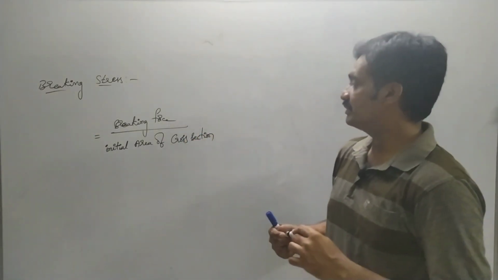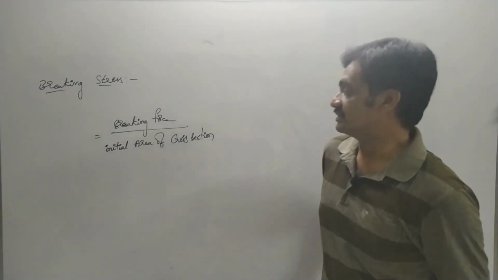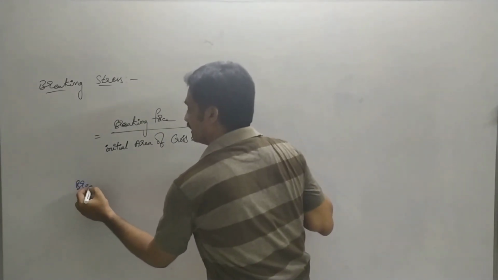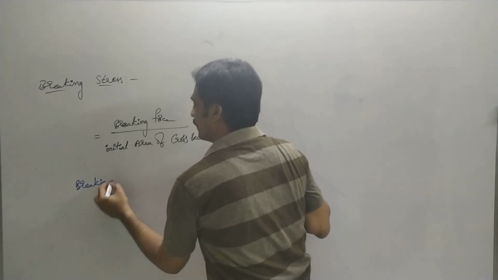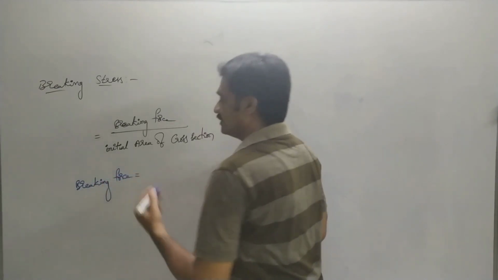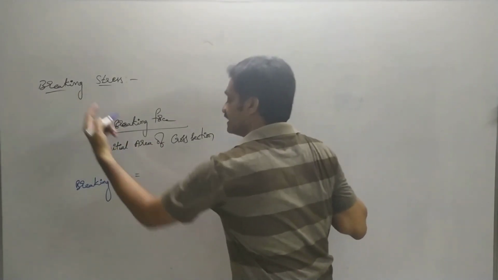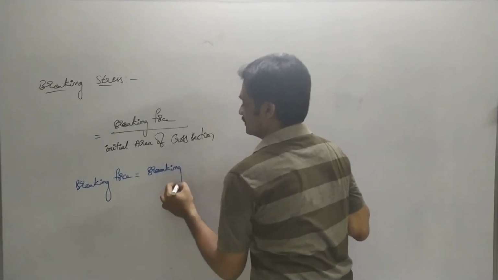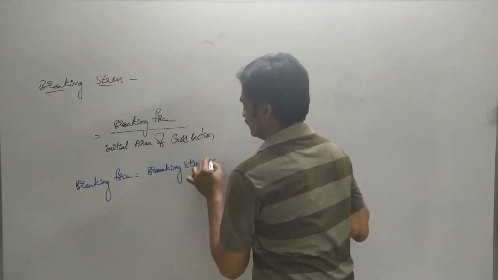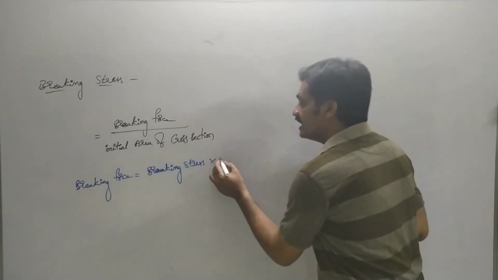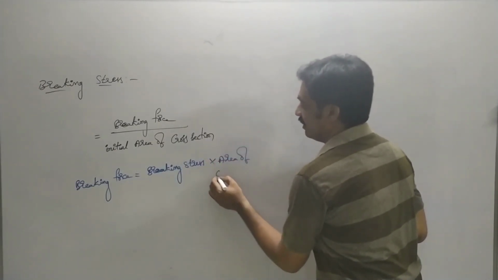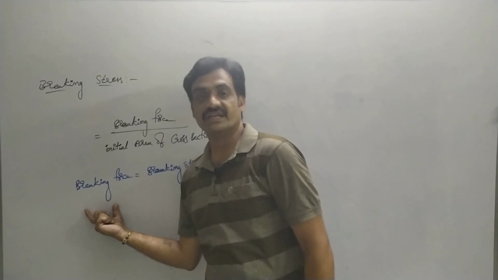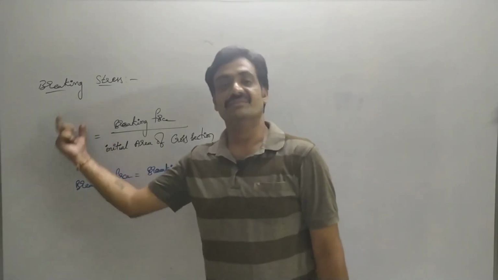Breaking stress is equal to breaking force by initial area of cross section. From this expression we can represent breaking force. Breaking force is equal to breaking stress into area of cross section of the wire. This represents the breaking force and the earlier equation represents the breaking stress.